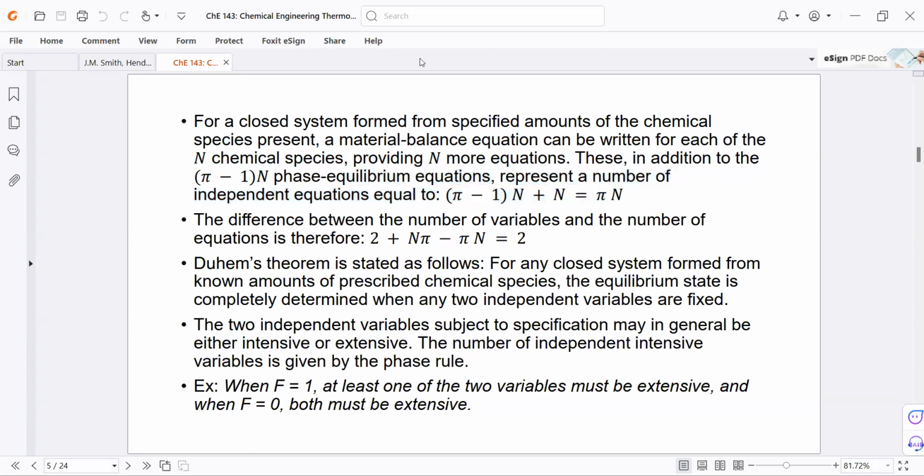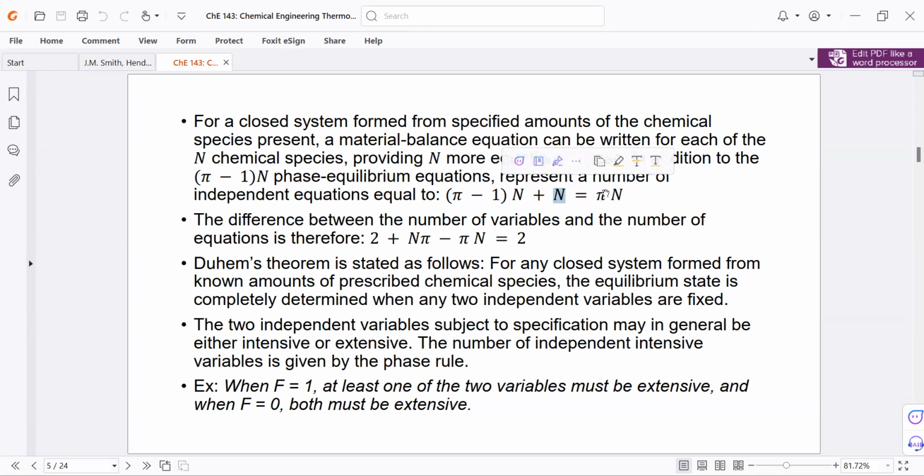So let me repeat that. We have n multiplied by pi minus 1 phase equilibrium equations, and we also have material balances for each of the chemical species, for a total number of pi times n equations.